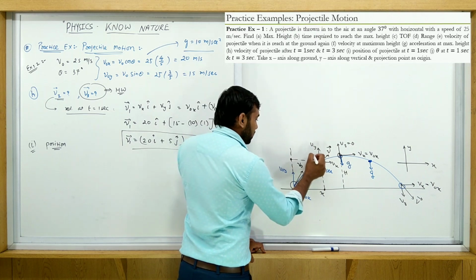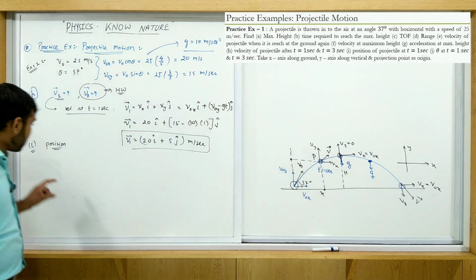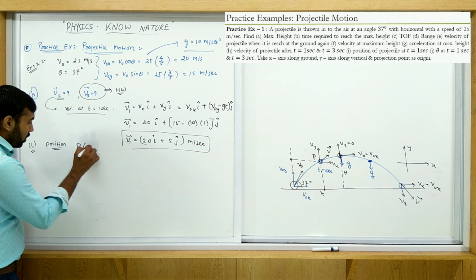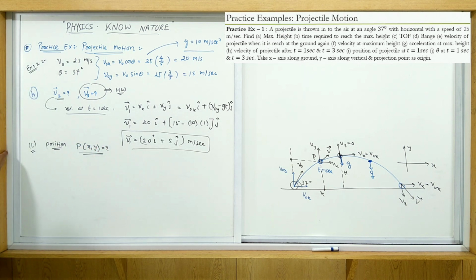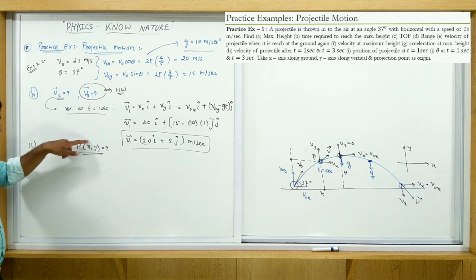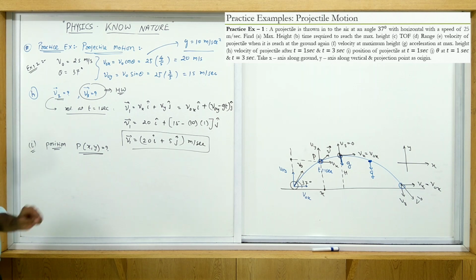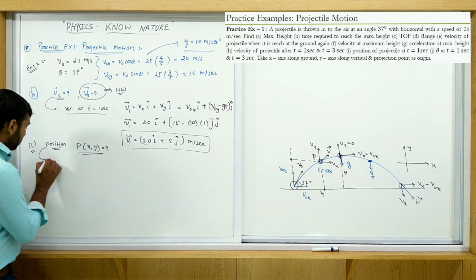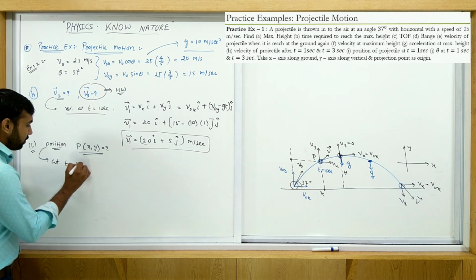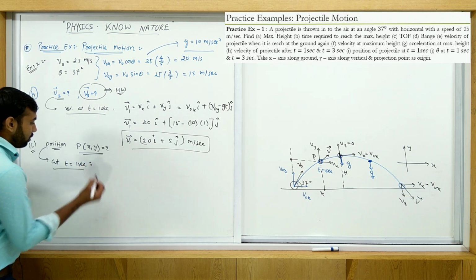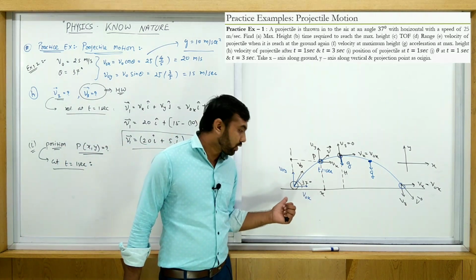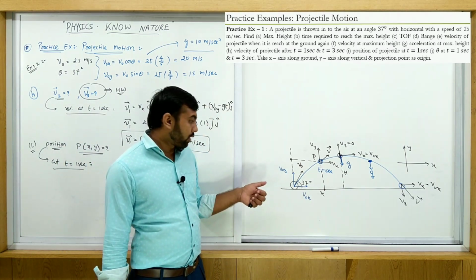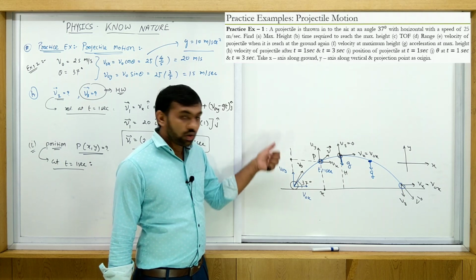Consider its point P. So position is given as a point P(x, y). What do we have to find here? Point P(x, y), where x is the x coordinate and y is the y coordinate, at time t equal to 1 second.